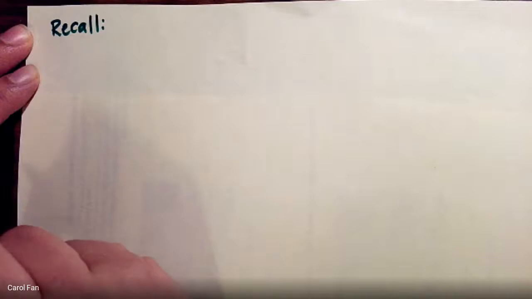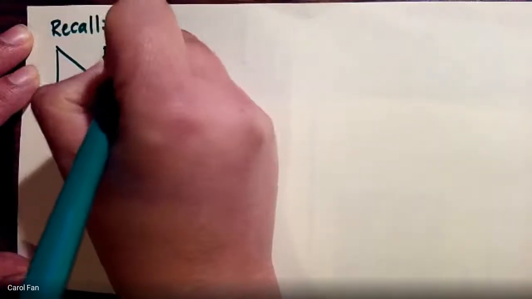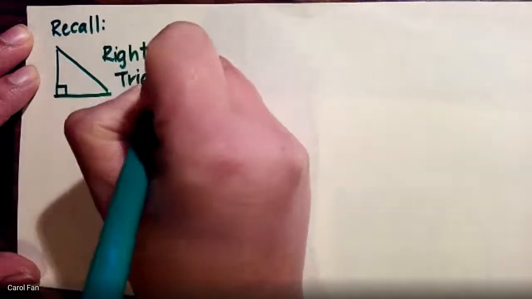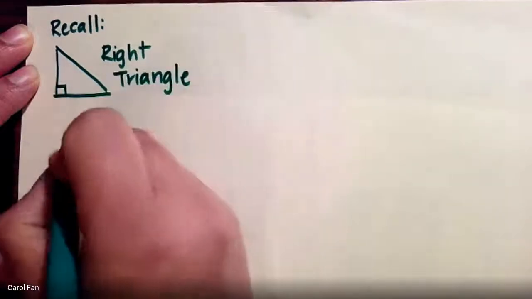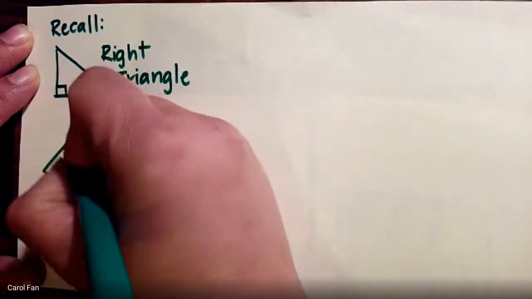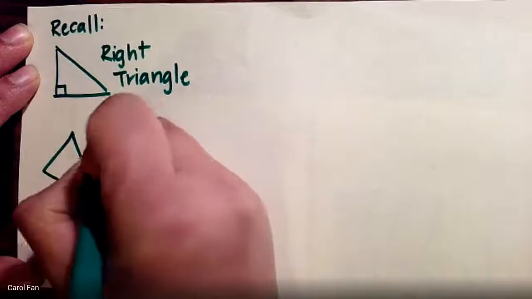Hi, class. Let's recall what we've talked about with triangles. Now, the first thing, we discussed the different types of triangles. Mainly, we're looking at triangles that have right angles, so a right triangle, versus a triangle that doesn't have a right angle.